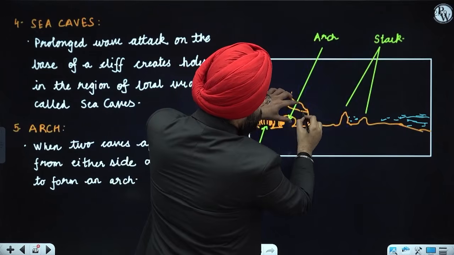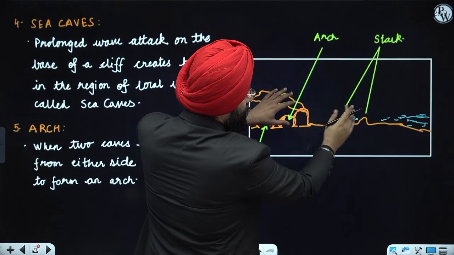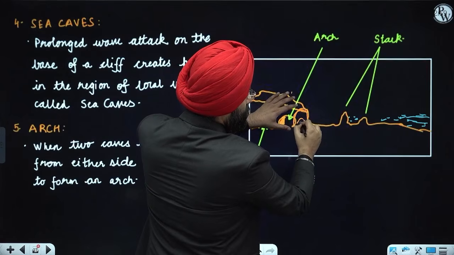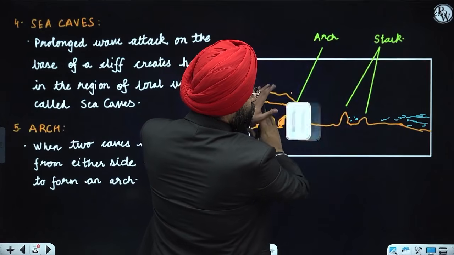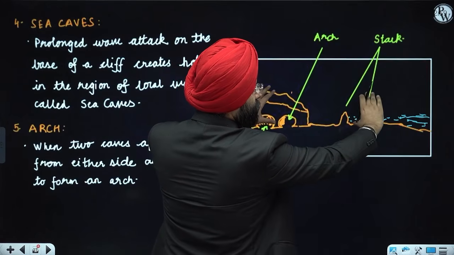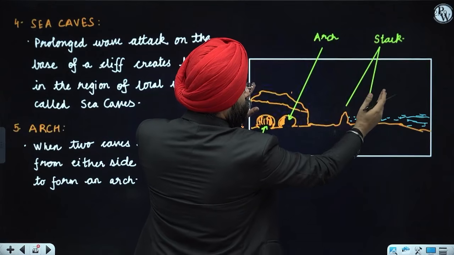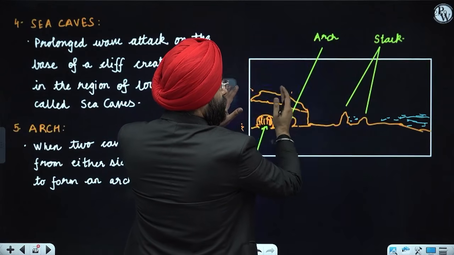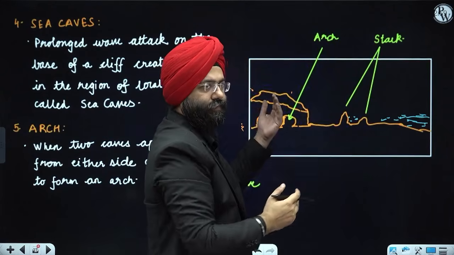So what will remain is this part. Later on, as erosion continues, it will create a smaller part and this thing will be created. What I'm trying to say is, this was earlier the same structure. Due to erosional activities, this landform is moving back.